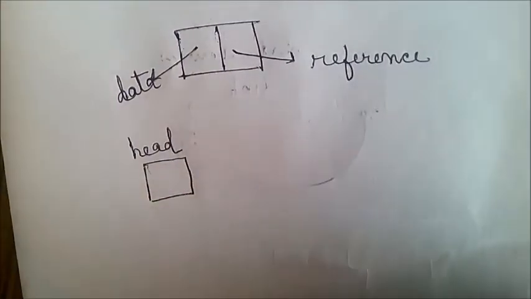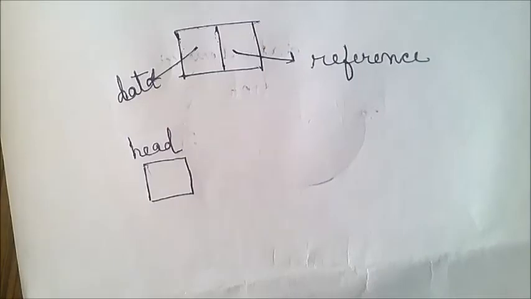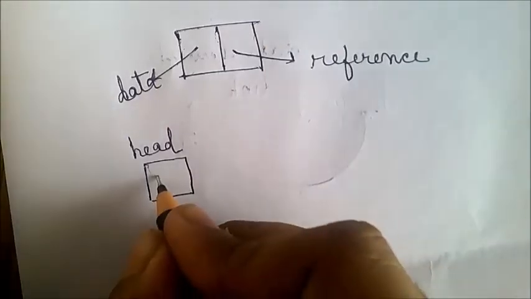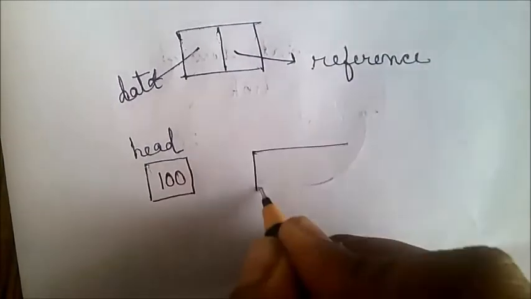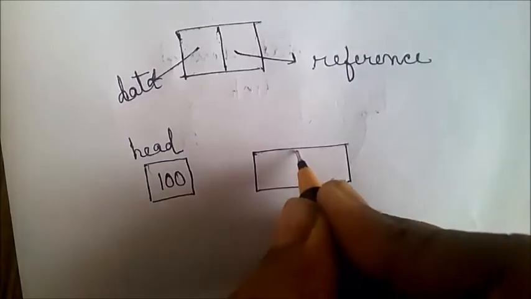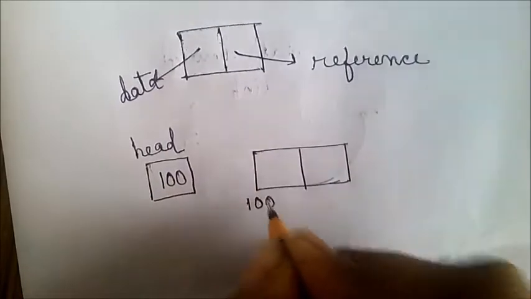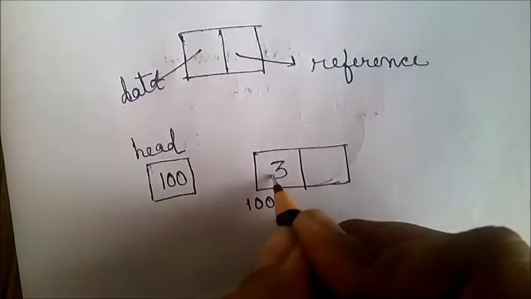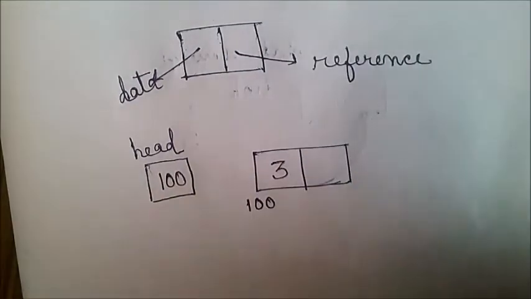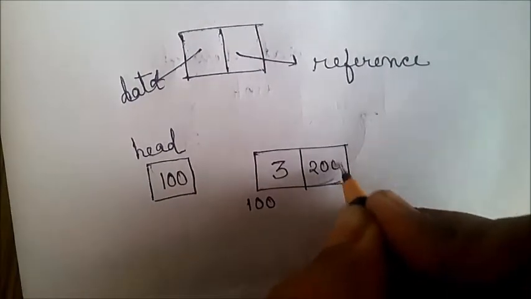So let us take an example. The head contains the base address 100, which is also the base address of the first node. Let us consider a number in the data part as 3 and the next address be 200.